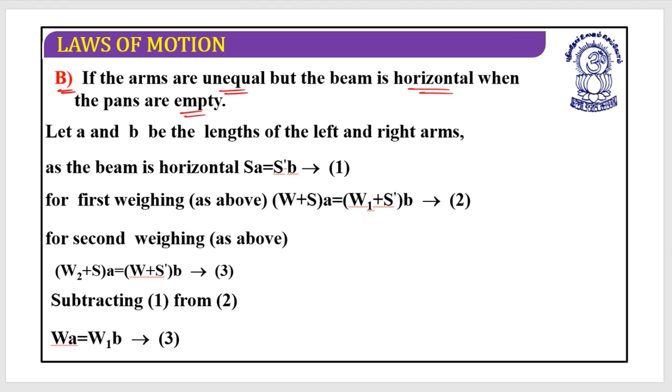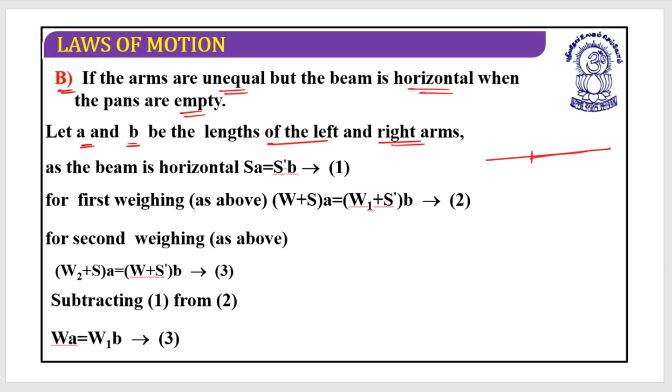Initially the arms were equal, now in this situation my arms are unequal, but my beam is horizontal when the pans are empty. Let's suppose, write it down, A and B be the lengths of the left and right arms. Something like this.